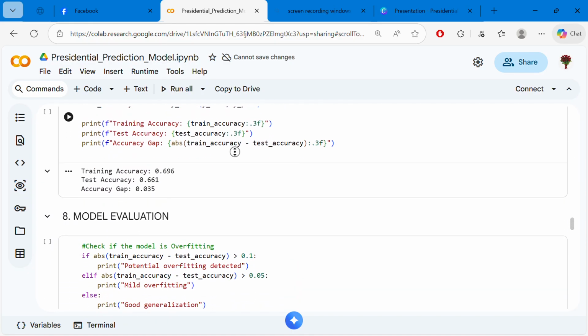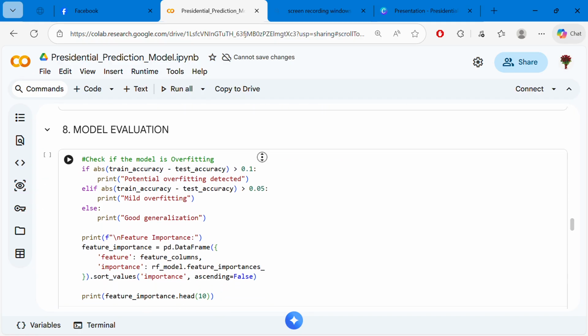Training accuracy was 0.696, test accuracy was 0.661, leading to an accuracy gap of 0.035.